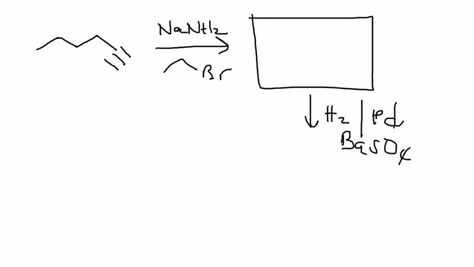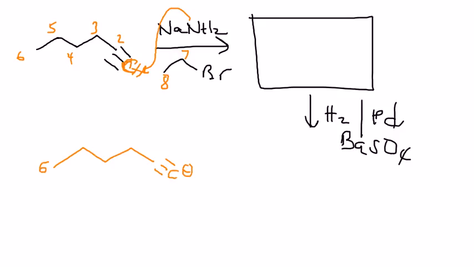It's a good idea to count the number of carbons. So 1, 2, 3, 4, 5, and 6 you have on their own. And this is the carbon that's going to lose that first proton. And then I have 2 more carbons that are going to come from the Br. So the first step is going to be the generation of the alkylide. So you have a 6-carbon chain.